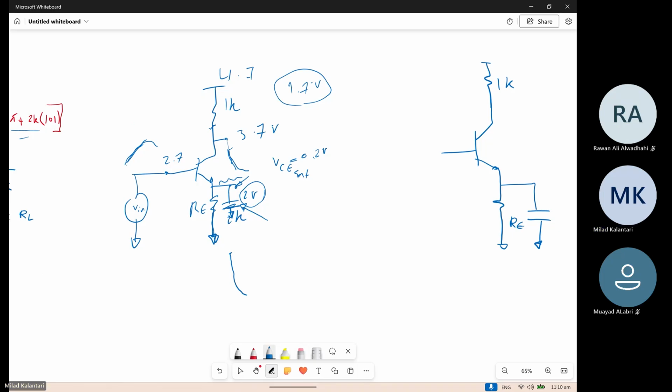So here you bias the emitter voltage at like 2 volt. Here was 2.7 volt, the DC, right? And then you are adding some extra voltage as the input, AC signal, right? This is 4.7 volt, right? And here is the output, 3.7 volt, right? Initially. So the question is, once the input signal is going up, how does the output voltage vary, right?